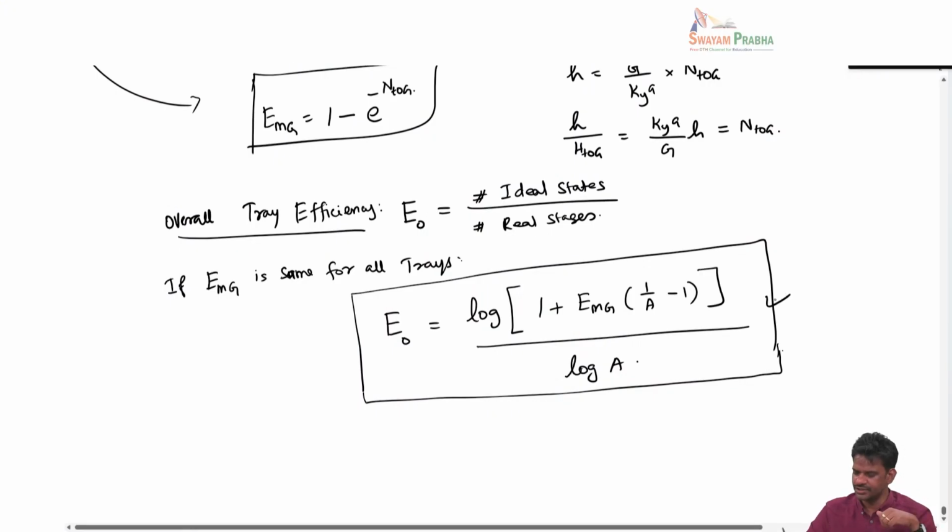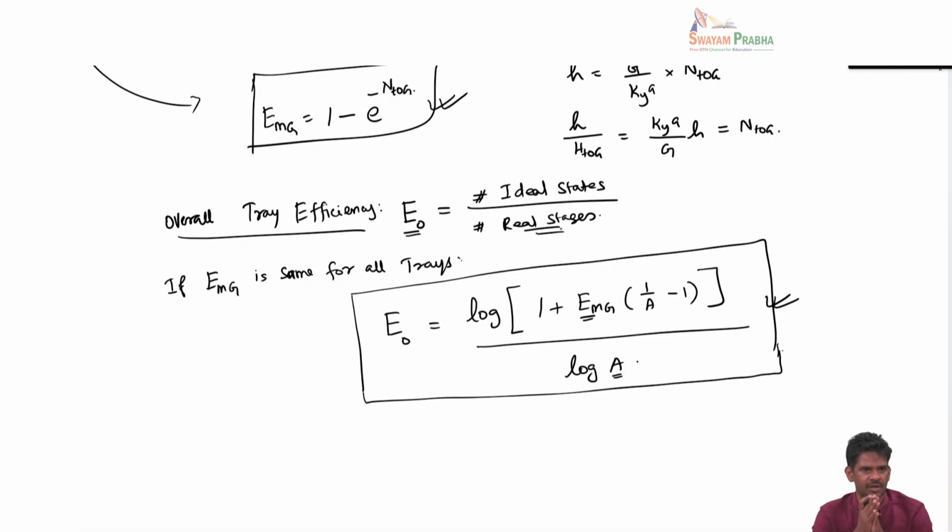Then also find out the overall efficiency. To calculate the overall efficiency, use this formula, which involves the absorption factor and the individual tray efficiency. And the individual tray efficiency you are going to calculate based on this. Once you know the overall tray efficiency, you can calculate the total number of real stages. Okay, and that completes the design of tray column absorption.